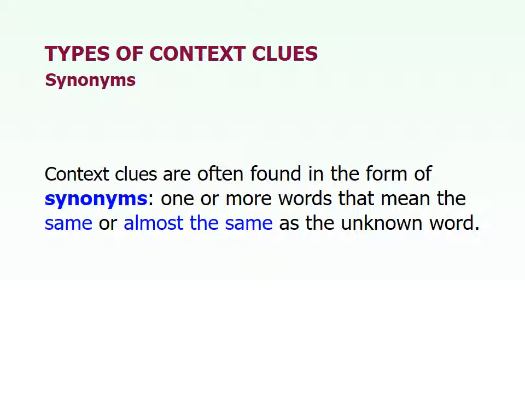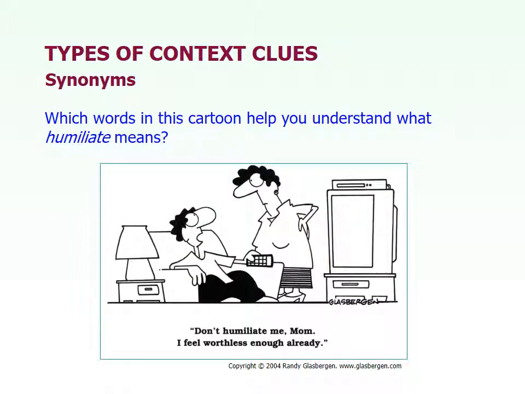The second one is synonyms. Oftentimes, in one sentence, you'll have 2 words that mean the same or almost the same, and we can use these synonyms to guess the word. So in this example, we say, "Don't humiliate me, Mom. I feel worthless enough already." You'll notice that we have 2 sentences.